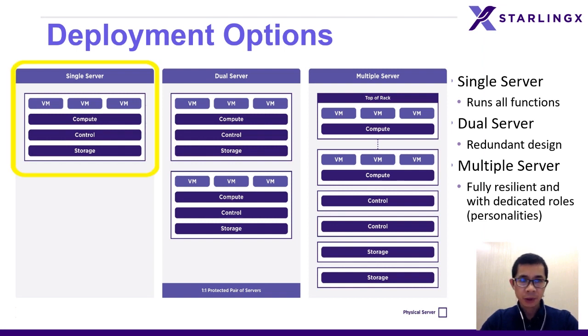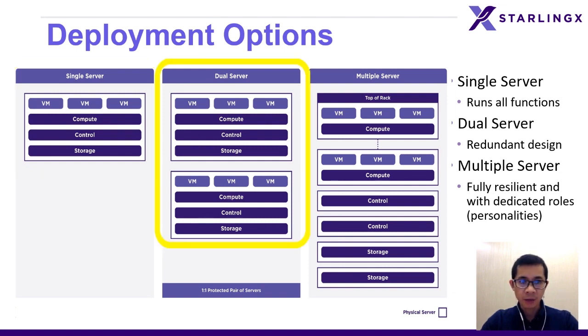The first choice is Simplex, AIO all-in-one on a single server, on which there are all 3 logical roles. We also call them personalities: control, storage, and compute worker. This deployment is the simplest way of trying StarlingX to know how it works and what it can do, but it lacks scaling capacity and high availability.